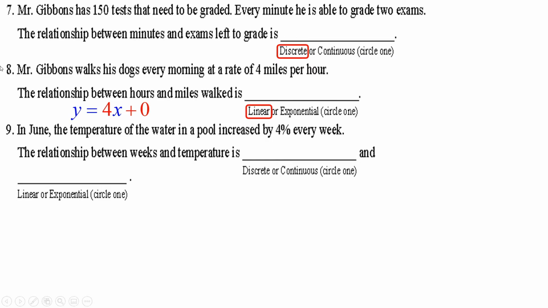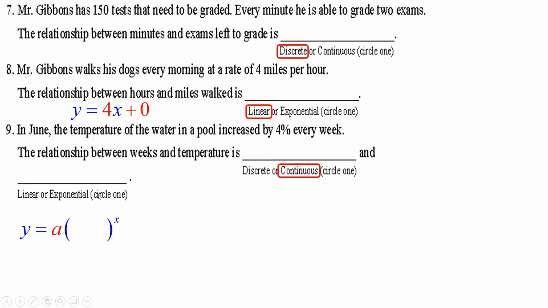That's going to be continuous. And let's even add an equation to this. It's continuous. And the equation will lead to this answer down here, right? Well, again, I'm increasing a temperature by 4%. So I don't know what my pool is going to start at, so I'm just going to call that an A right there.